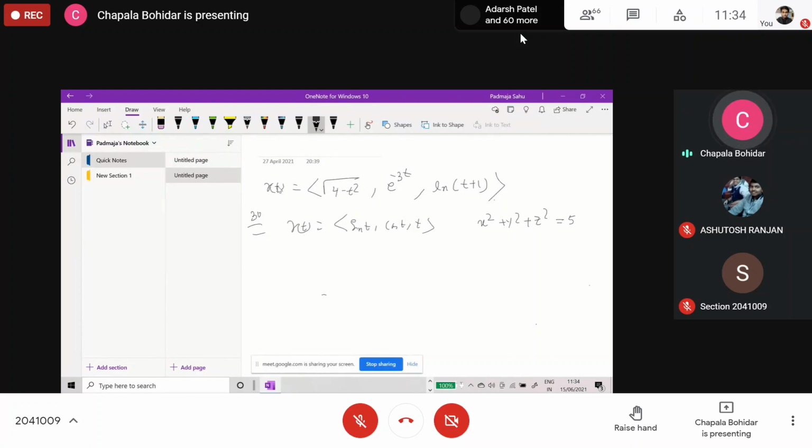Find a vector function for the intersection of the two surfaces.